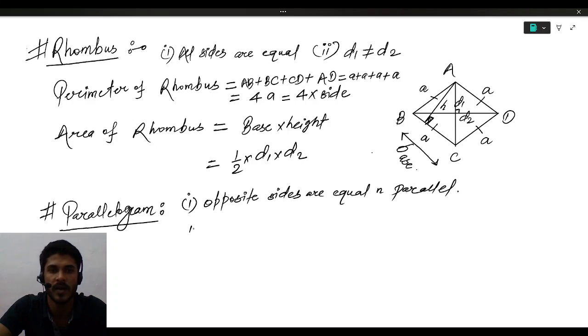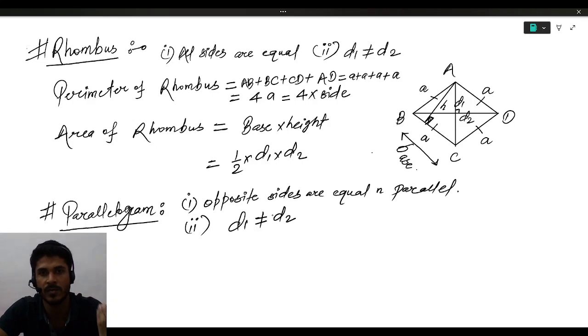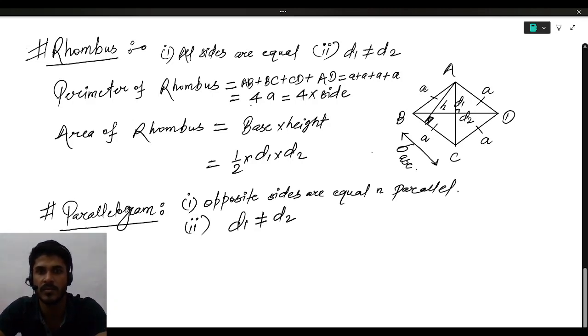And the second condition states that diagonals are not equal. d1 is not equal to d2. In case of a square and in case of a rectangle, both the diagonals are equal to one another, but in case of rhombus and parallelogram, diagonals are not equal. Okay, got it. Good.